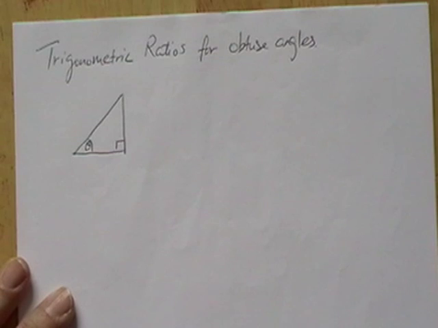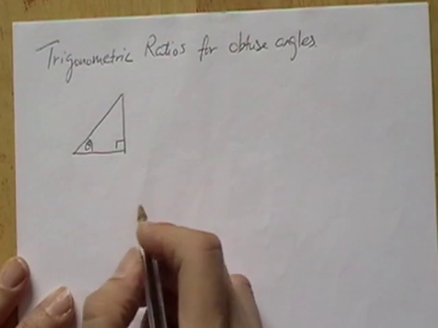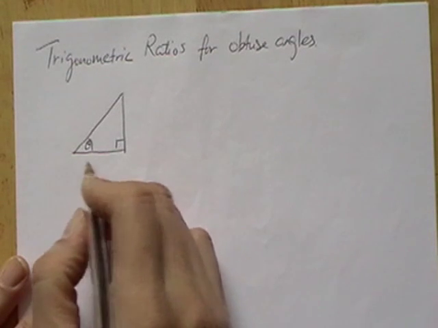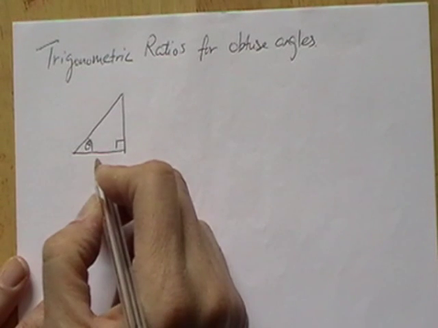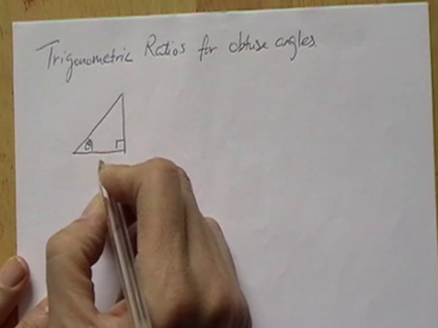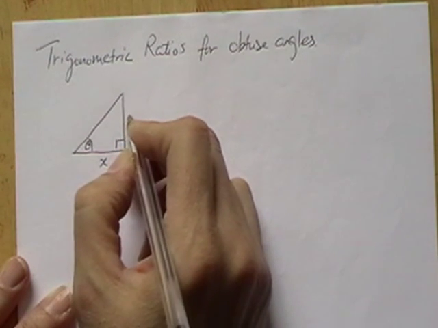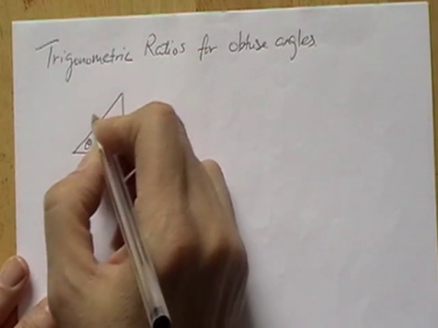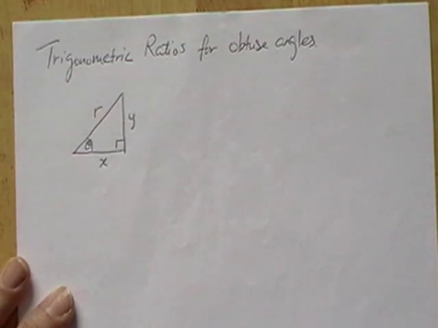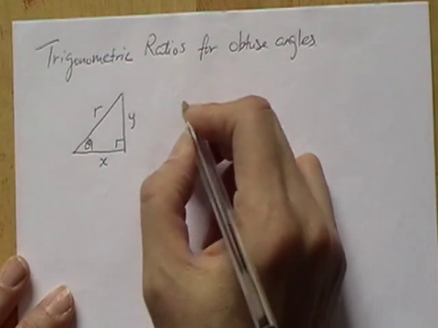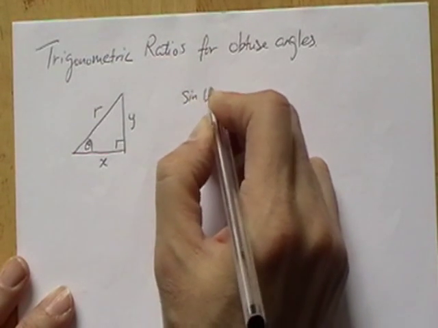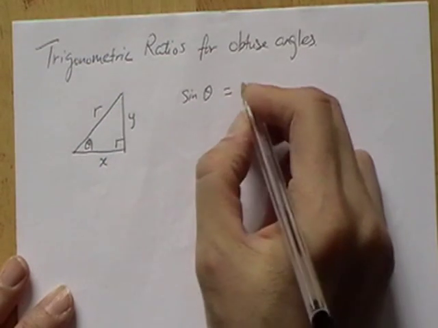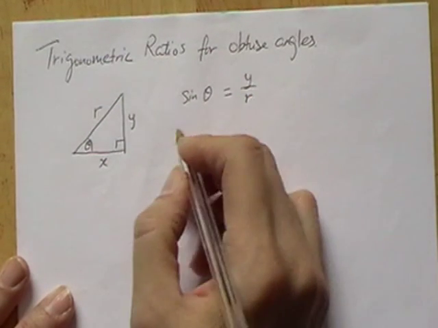from a right-angled triangle like that, in which if I call this adjacent side to the angle x, if I call the vertical side opposite the angle y, and I call the hypotenuse r, we know that sine of the angle is defined as the opposite over the hypotenuse.